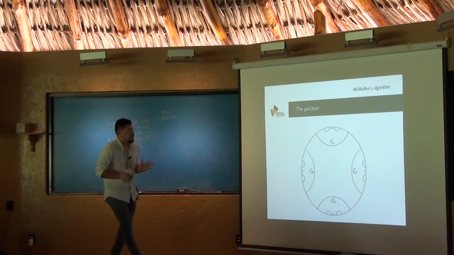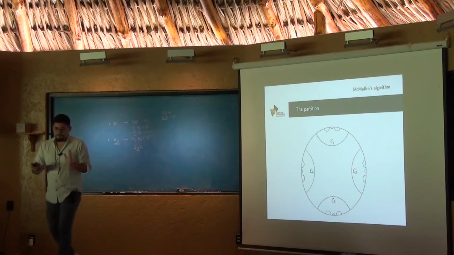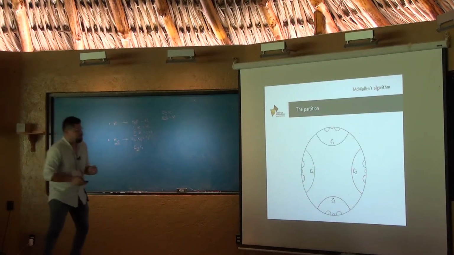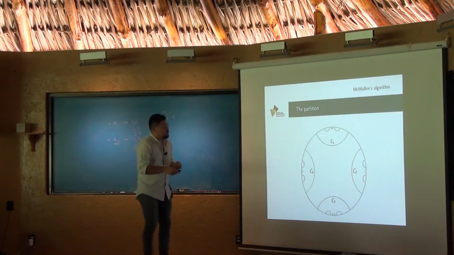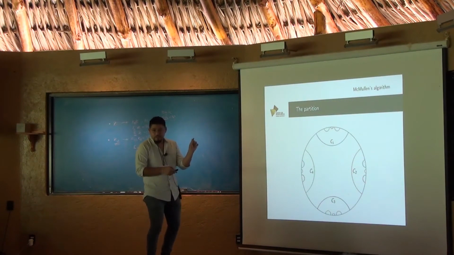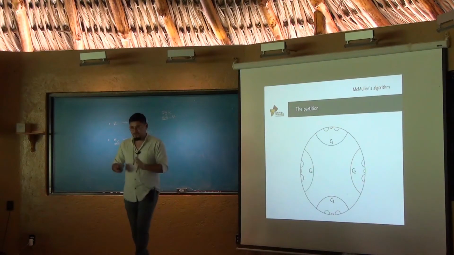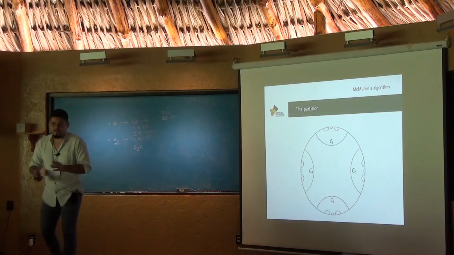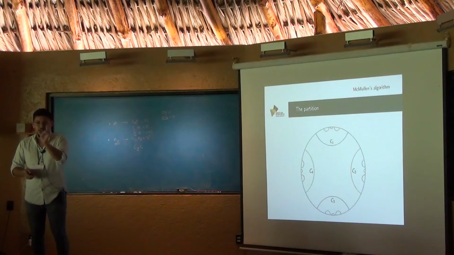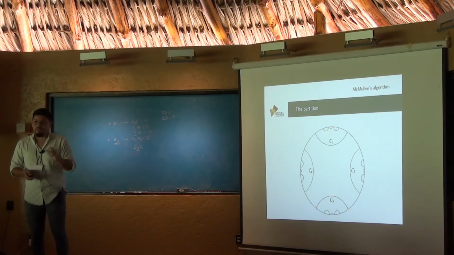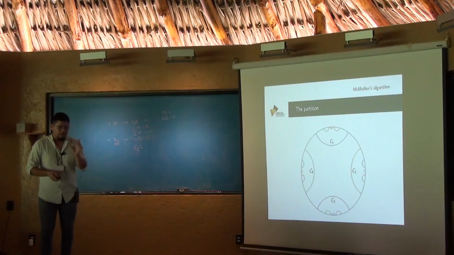So if we could bound the shrinking of the circles, we can calculate or approximate the Hausdorff dimension, because we just need the covering and how this covering shrinks.